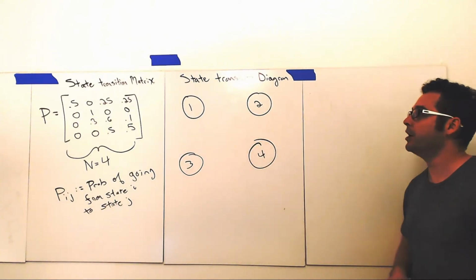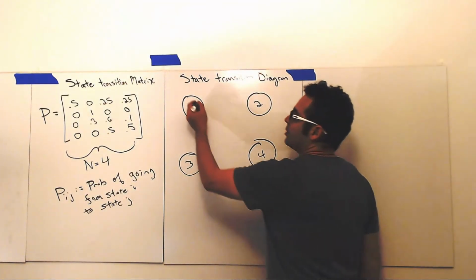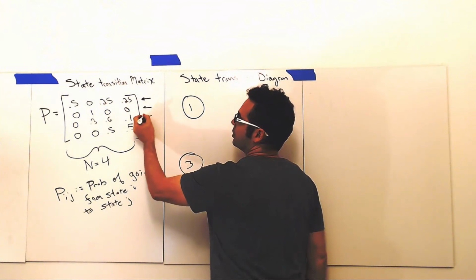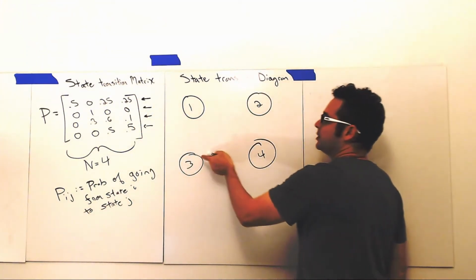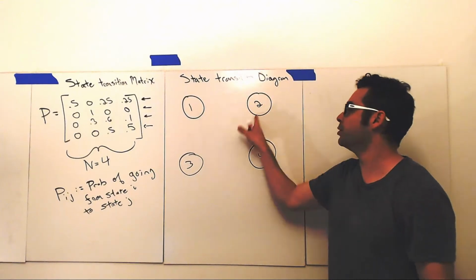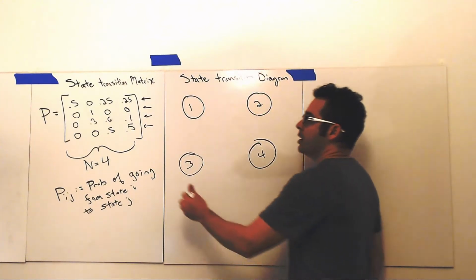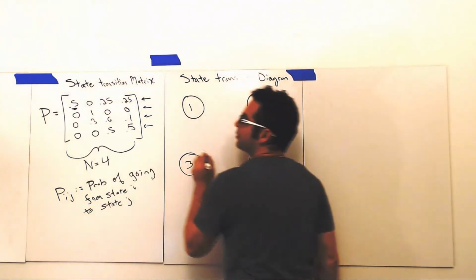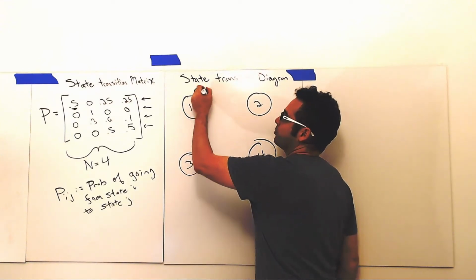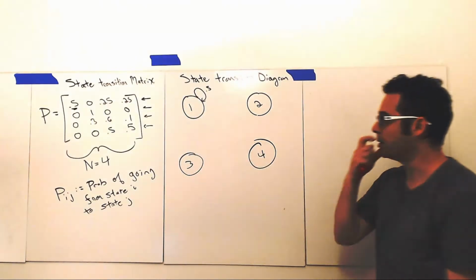All right, so let's go ahead and do this. Right away, we're going to go through each row, and it will inform us about which arcs connect which of the nodes. Here, we see 0.5 in the first row and first column, so that tells us that 1 returns back to itself with 0.5 probability.